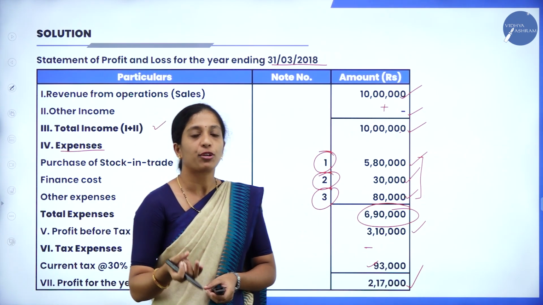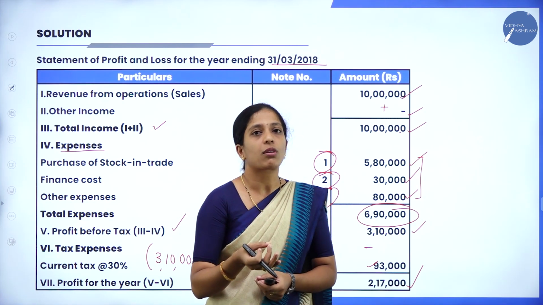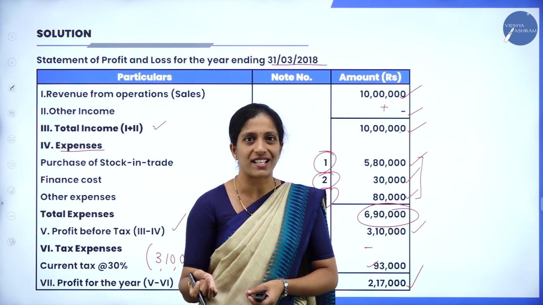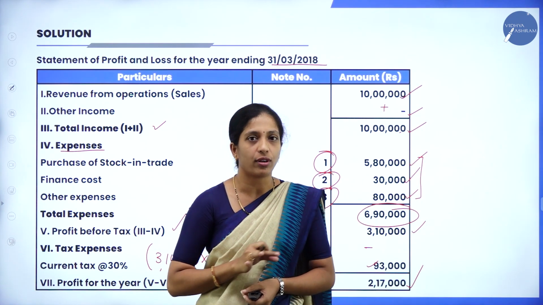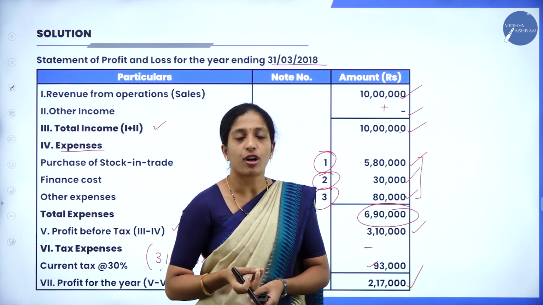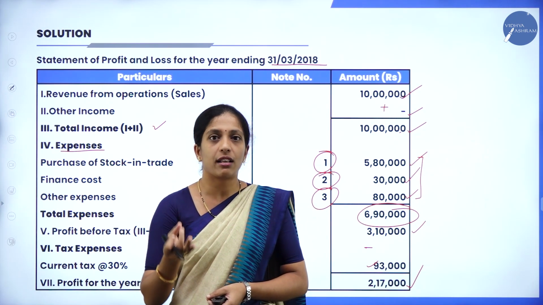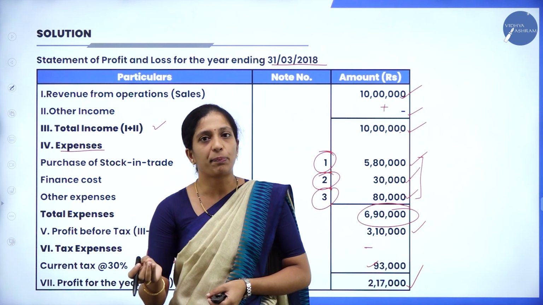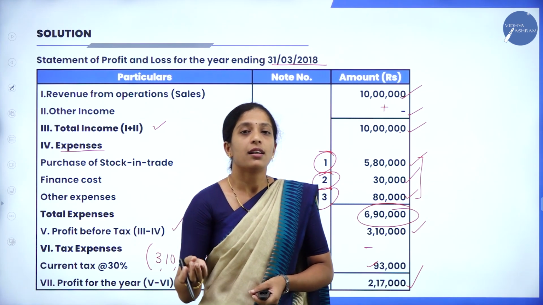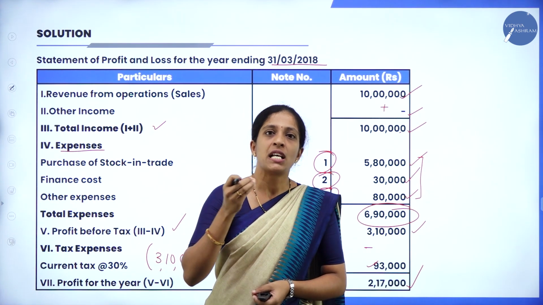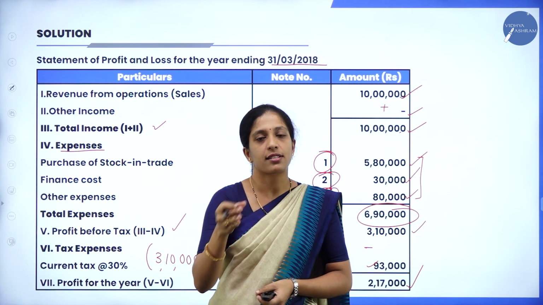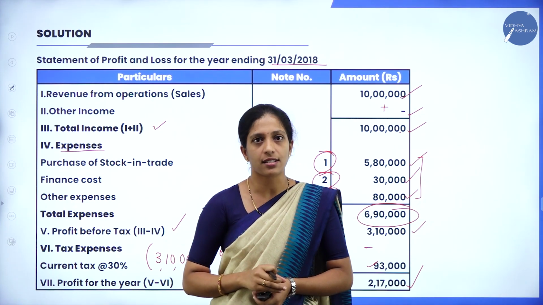Normally, when you have to prepare a note, you will have a note on depreciation and amortization expenses, finance cost and other expenses. Normally you have only these, and even for purchase of stock in trade, where they will give you cash purchase, credit purchase and purchase return, or for sales, under revenue from operation, where they will give you cash sales, credit sales minus sales return.